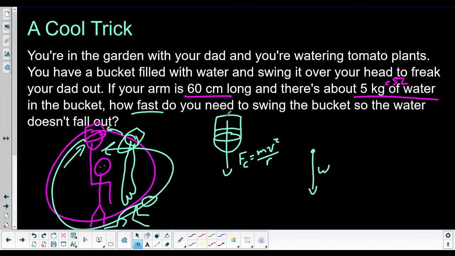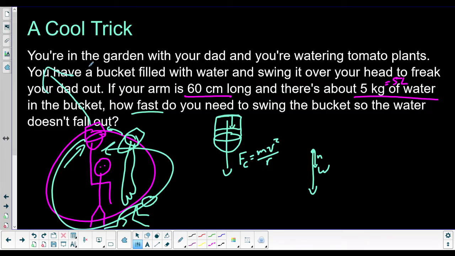The solid bottom of the bucket is on top of the water when the bucket's at the top. So perpendicular from the bucket towards the object that's touching the solid thing would be this way. So we also have a normal force from the bottom of the bucket pointing down towards the ground. If I swing the bucket really hard, the water wants to fly this way.